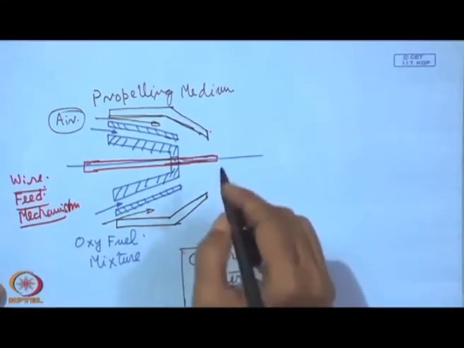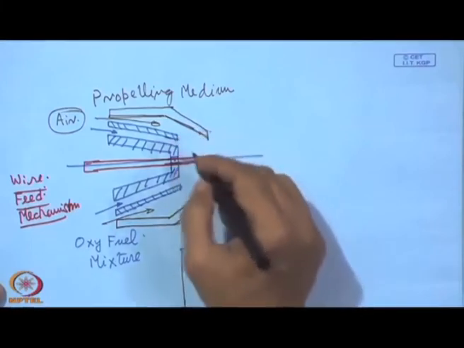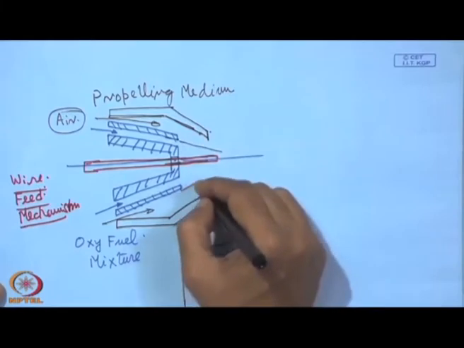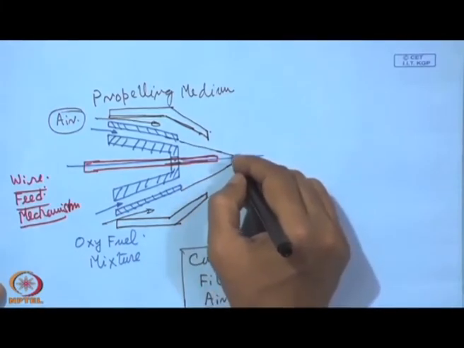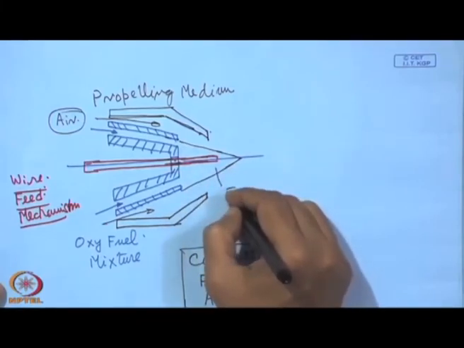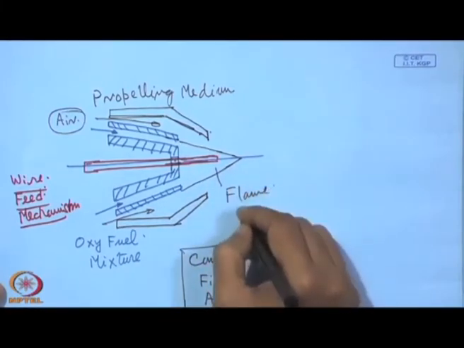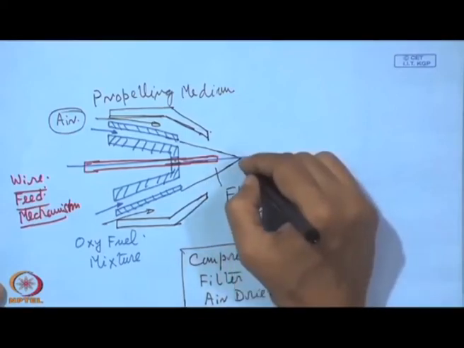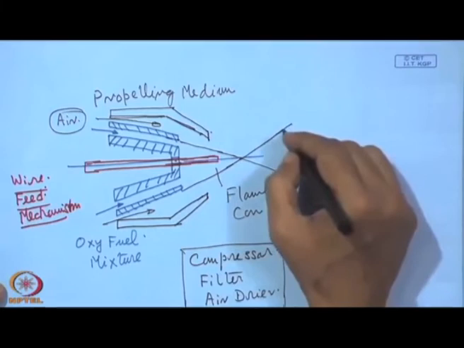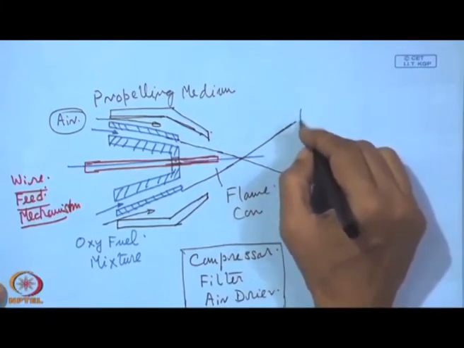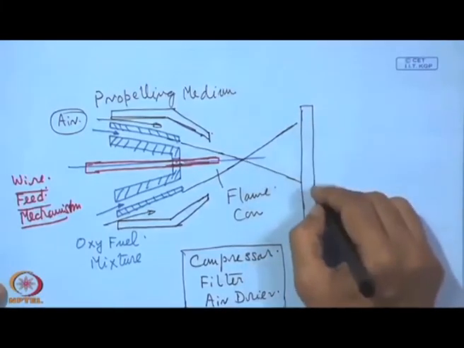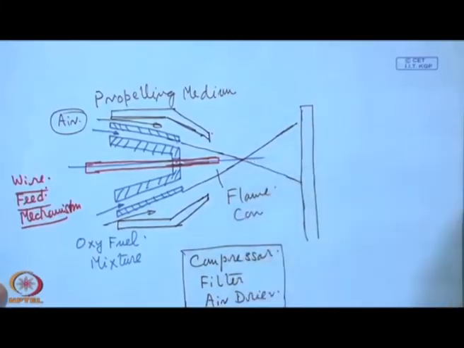Now, what is going to happen in this case? This is actually the flame cone, that is the flame cone which is formed, and it will be like this. It will now spread out, and there we can put the substrate. This is going to be the substrate.